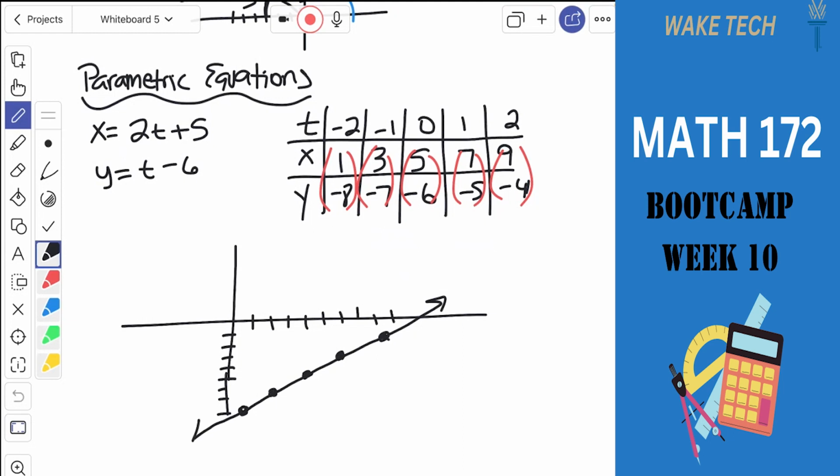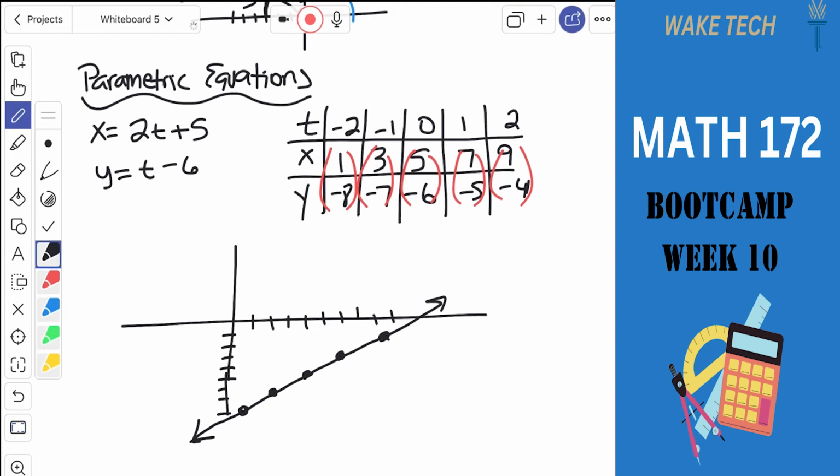So, I mean, this isn't an intricate graph. This is a linear graph. So not quite like the graphs you saw last week, the polar graphs, where they were all sorts of maybe intricate shapes. These are going to be the more typical kinds of graphs you've seen: linear, quadratic, square roots, maybe those kinds of graphs.